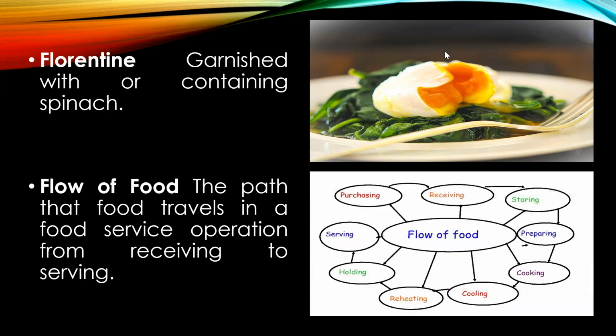Flow of food. To explain the flow of food, the entire cycle from purchasing food or placing orders with suppliers, receiving the same as per specification, storing them in their correct temperature zones, processing them, which includes pre-prep, cooking, that would involve heating or cooling, reheating and holding food at correct temperatures for service or dispatch of food.